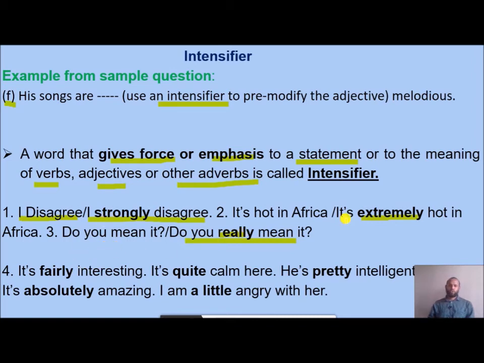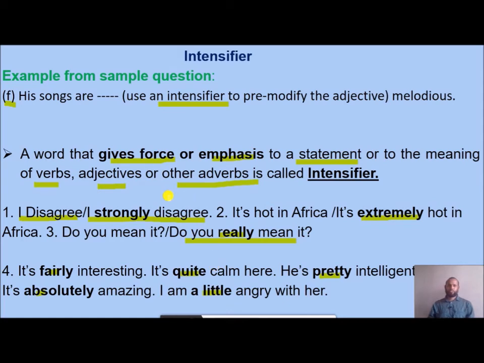Like strongly, extremely, really, fairly, quite, pretty, absolutely, a little. All these words are giving force or emphasis, making the statement much more powerful. This is why they are called intensifiers.